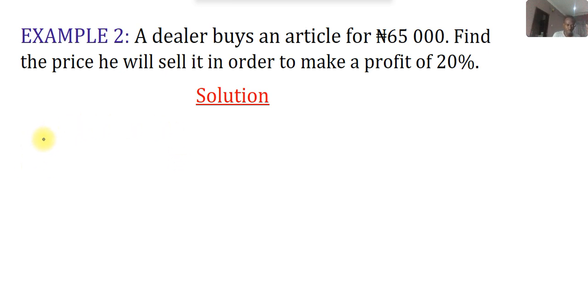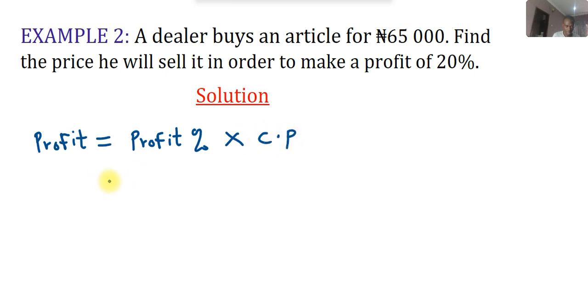So for us to obtain profit, we have a profit. In this case, we are given the profit percent, that is profit percent multiplied by the cost price. That will give us a profit.